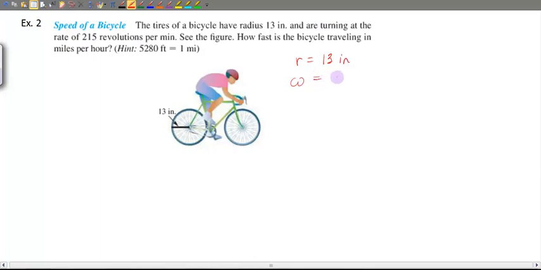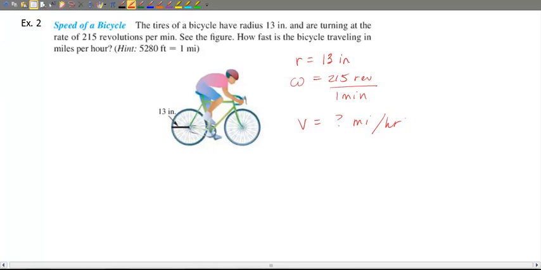That's how fast its theta is changing. And I'm ultimately trying to find how fast it's traveling. That's how fast it travels in a straight line in miles per hour.